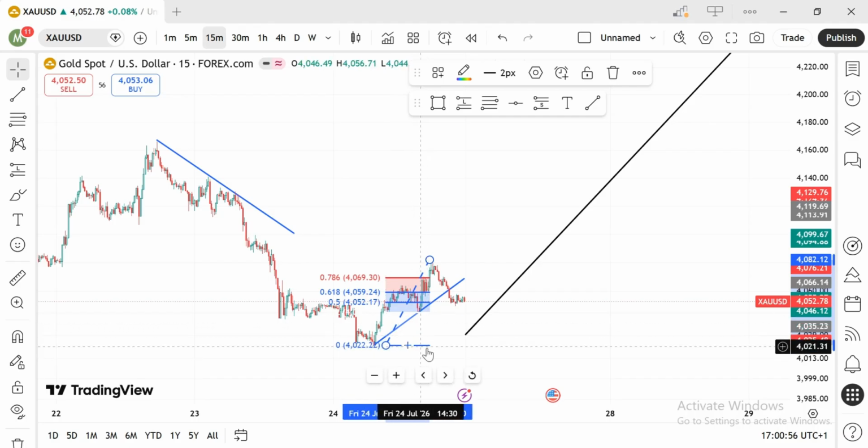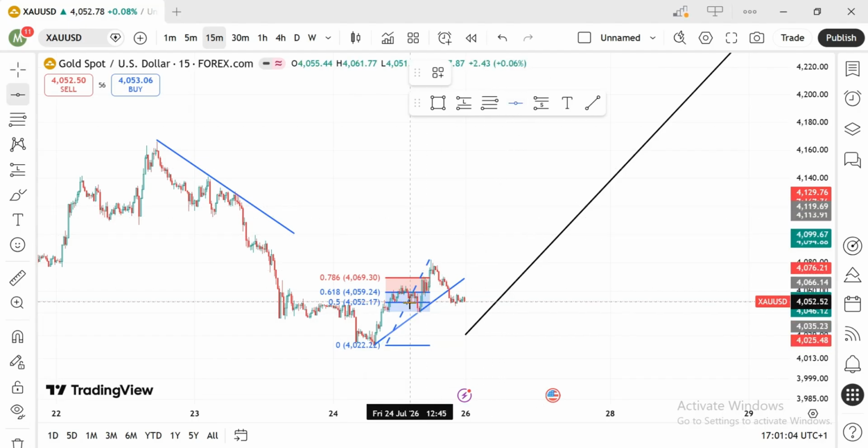After doing this, all you have to do is to get a precision tool to mark the 50%. Let's also use a trend line tool to mark the 50% precision entry of the Fibonacci entry.